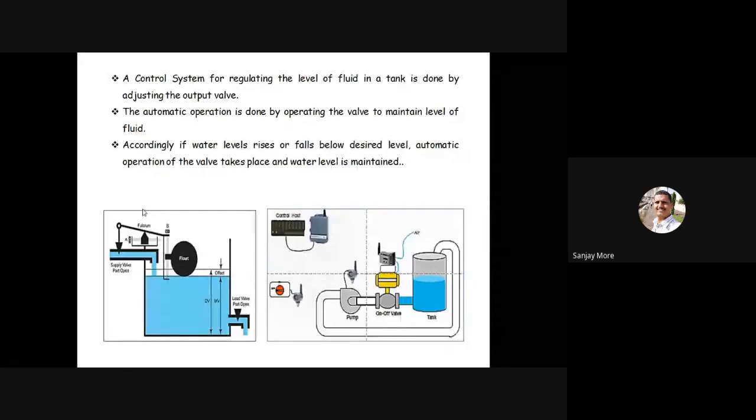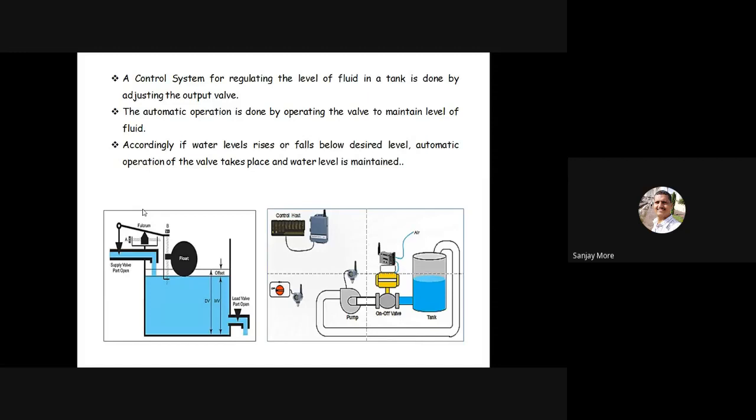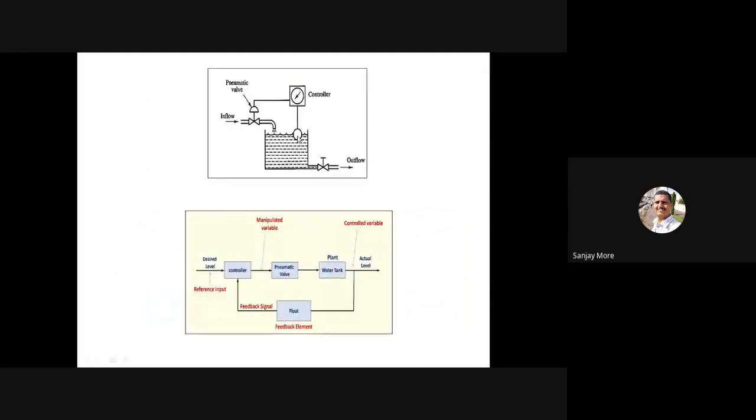Accordingly, if the water level rises or falls below the desired level, automatic operation of the valve takes place and the water level is maintained. It means that when the water level increases or decreases, this control system runs automatically and brings the water level back within the band.